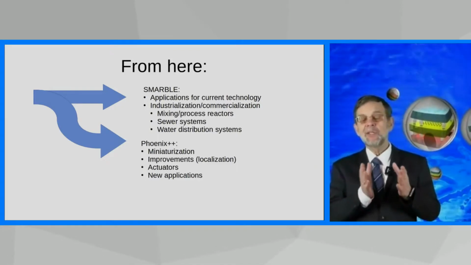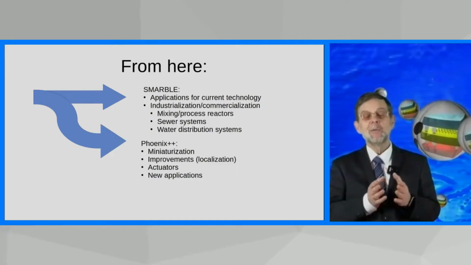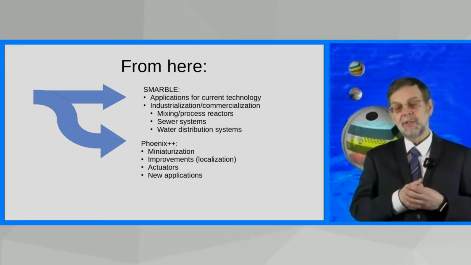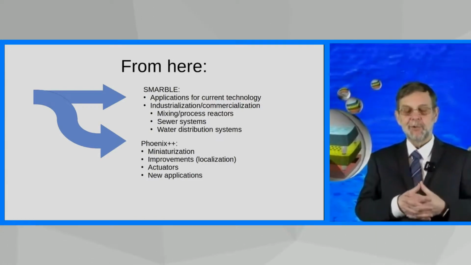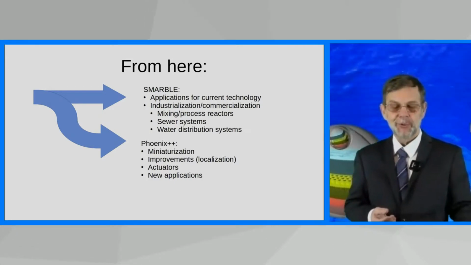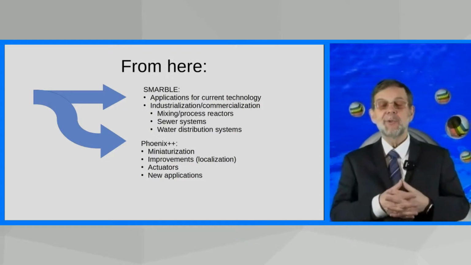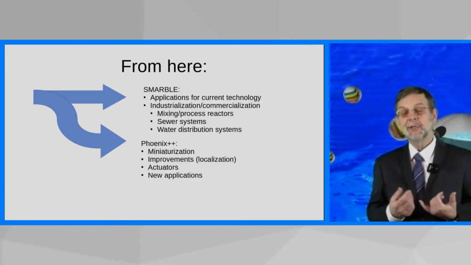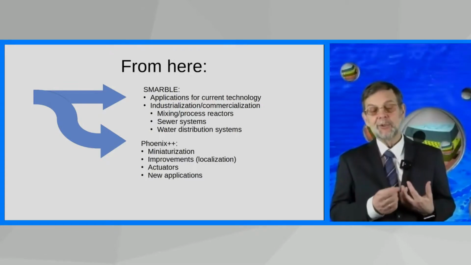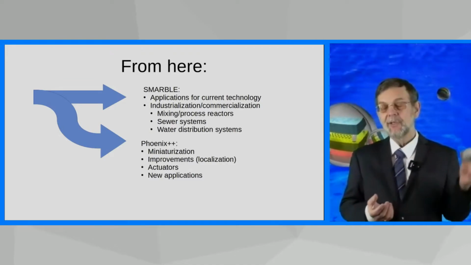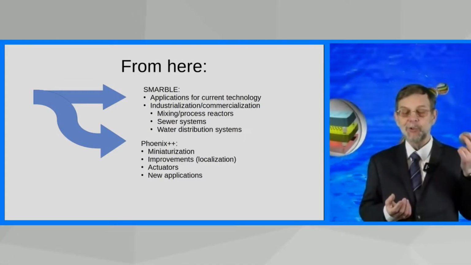And so there's one direction that we call Smarble, where we are going to industrialize this and commercialize this, where we're going to apply it to real current problems with the technology that we have today, the size balls. And there are applications where this is already useful. We're looking at, for example, mixing and process reactors, at sewer systems, and also at water distribution systems, where the size of this is really not a big showstopper.